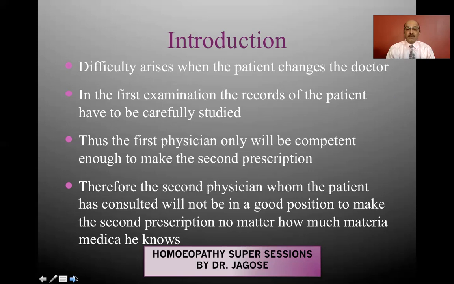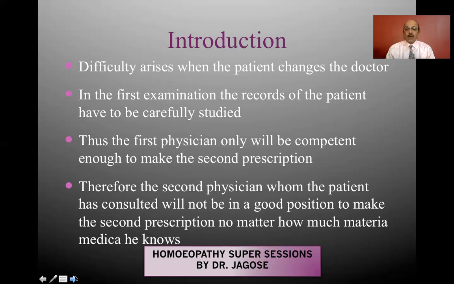So technically, the first physician will be most competent to make the second prescription as compared to the second doctor whom the patient has gone to. Therefore, the second physician whom the patient has consulted will not be in a good position to make the second prescription, no matter how much materia medica he knows.